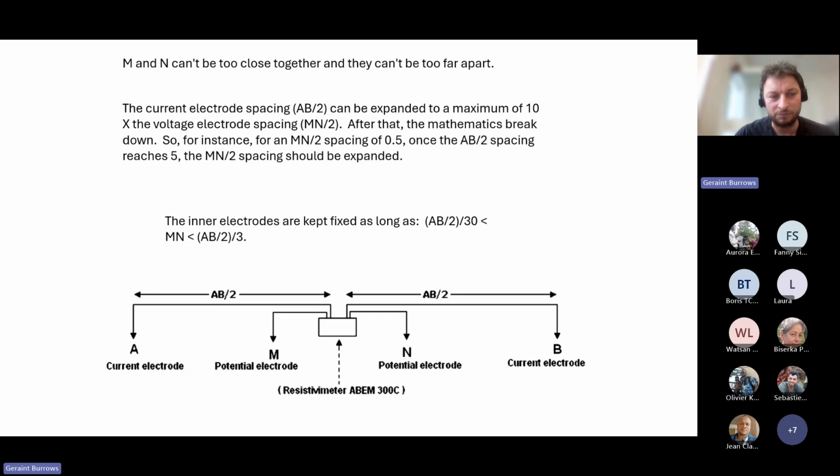So that's the important rule to remember when doing a vertical electrical sounding, in terms of the distances of M and N compared to A and B.